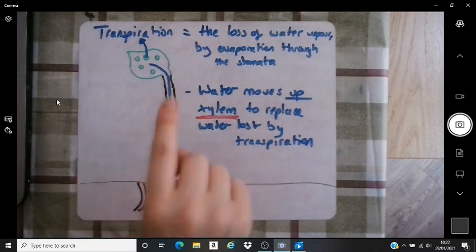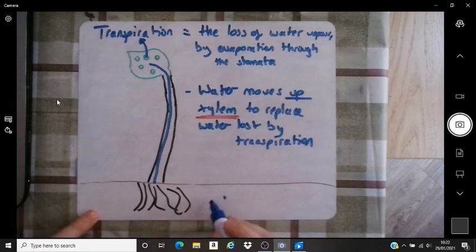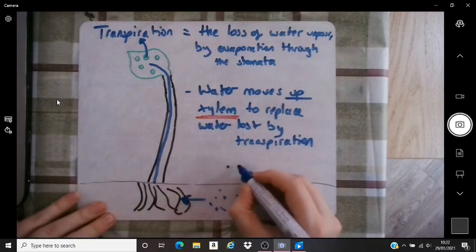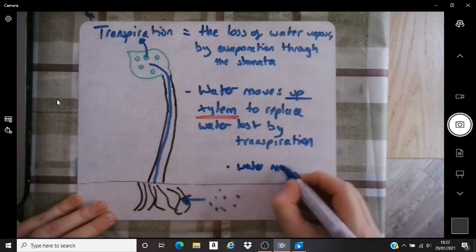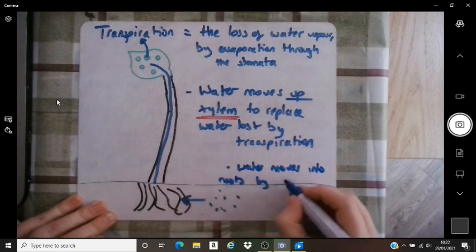If all the water's moved up the xylem, now there's no longer water in the root cells. There's a low water concentration in the roots, which means the soil might have a higher water concentration than the roots. So water gets to move in by osmosis. So the water moves into the roots by osmosis.